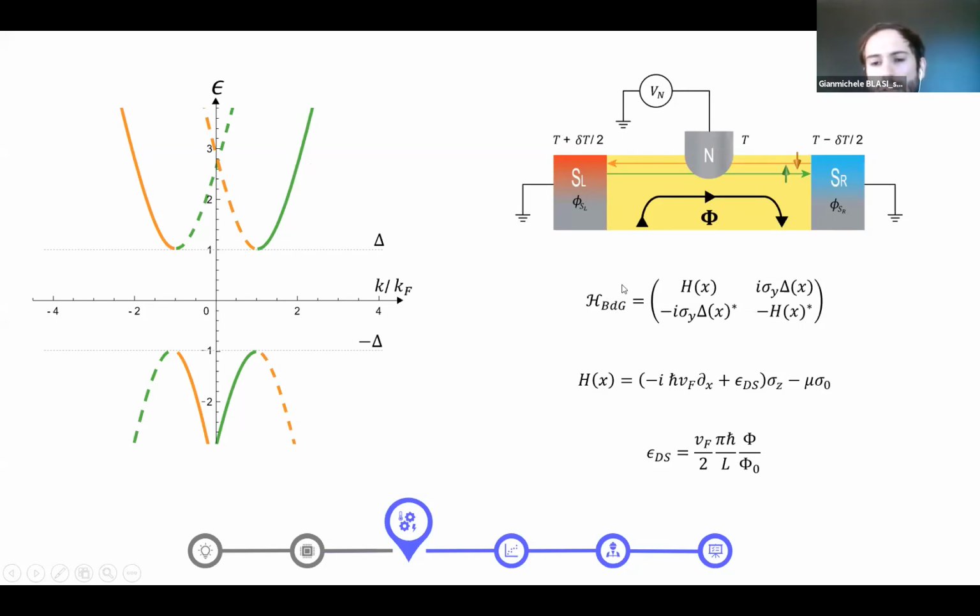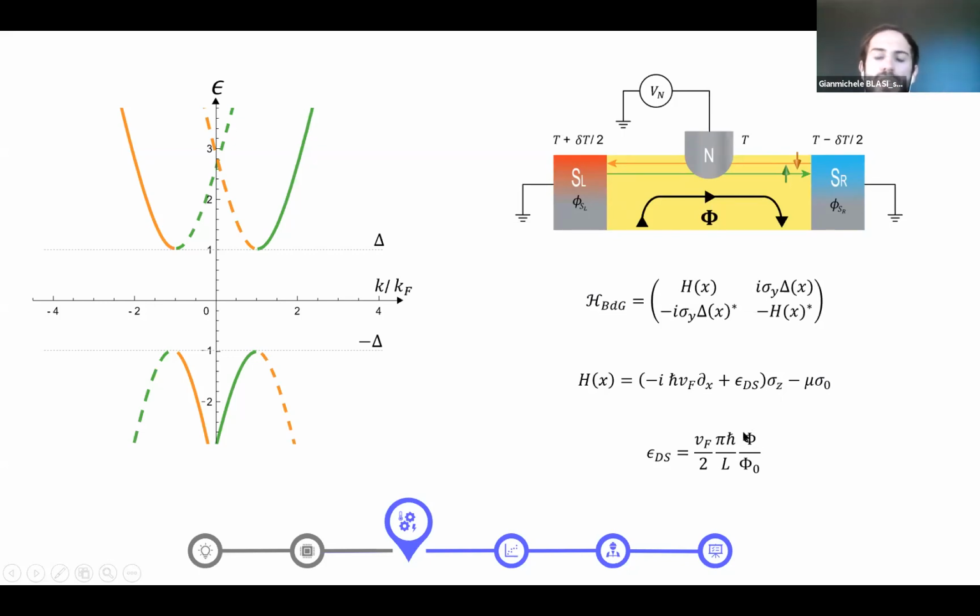But let's come back to the Bogoliubov-de Gennes Hamiltonian. This contains in the off-diagonal terms the gap parameter, delta of x, with rigid boundary conditions at interfaces, while in the diagonals we have this Hamiltonian, h of x, and its time reversal partner, which describe the helical edge states of the topological insulator, with in addition the presence of this epsilon DS, which is the Doppler shift energy, which is directly proportional to the external magnetic flux phi.